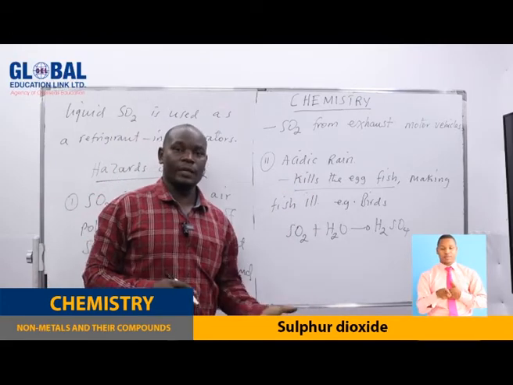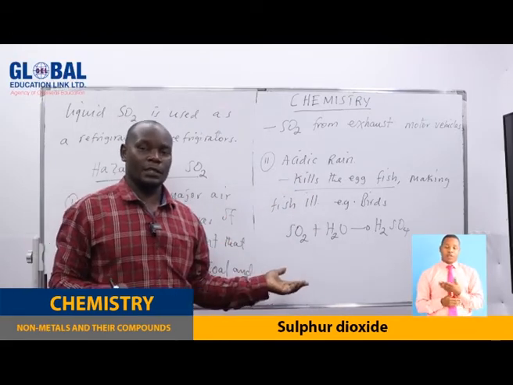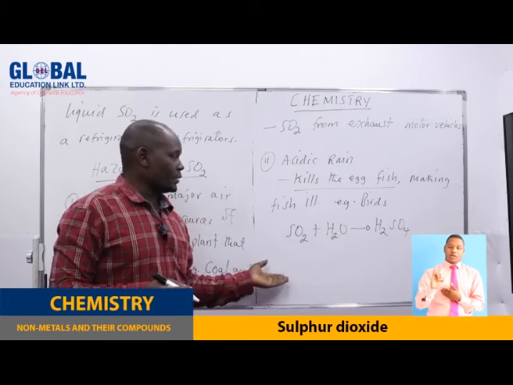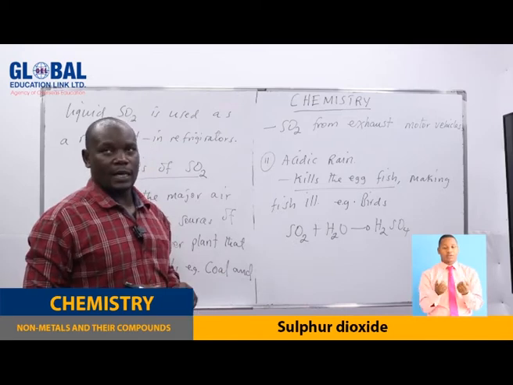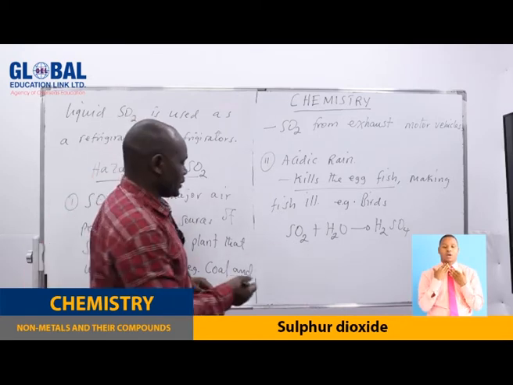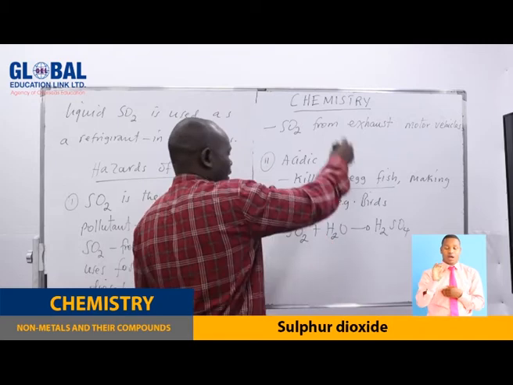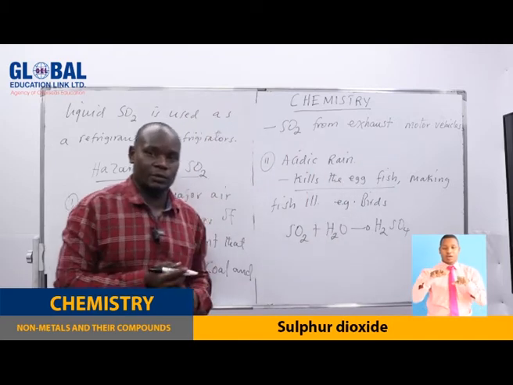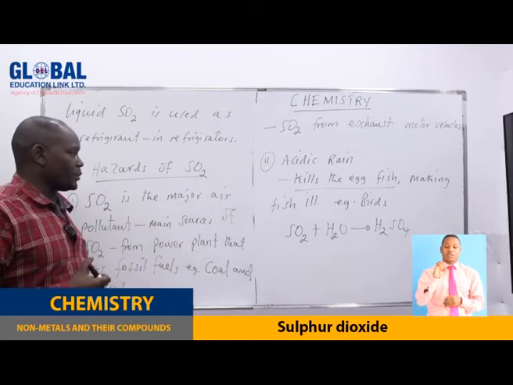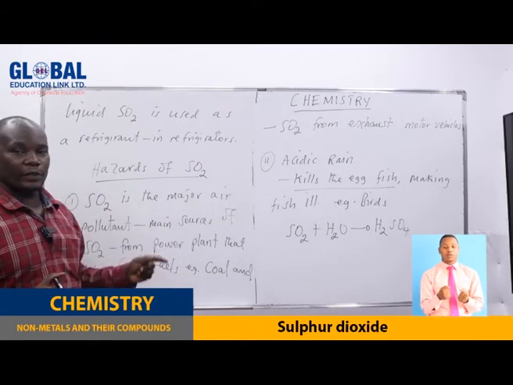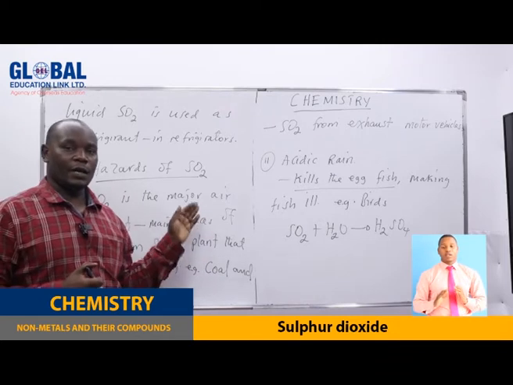But also acidic rain may affect plants. Various plants may dry up due to the presence of acidic rain. So my dear students, what we have discussed is all about sulfur dioxide, and that is how sulfur dioxide can affect the life of living organisms.